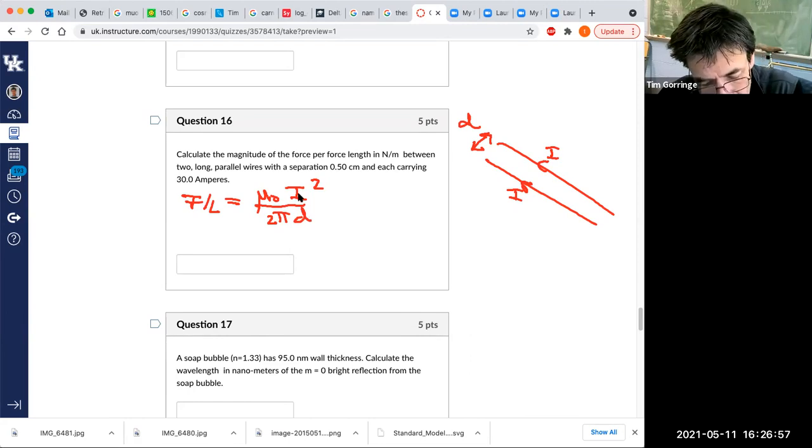And look, we know the current, we know the distance, we know mu naught, and so all I have to do is plug in the 30 amps, square it, plug in the 0.005 meters, and we're going to get the force per unit length. Again, I'm not going to write all the numbers in, but I got 0.036 newtons for that force.